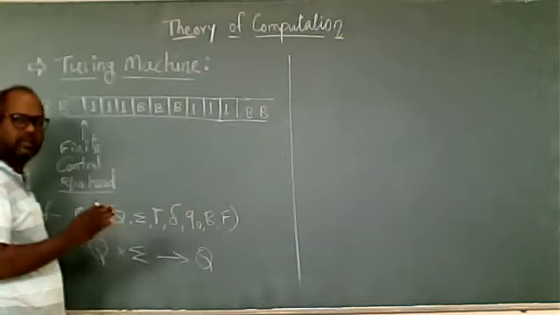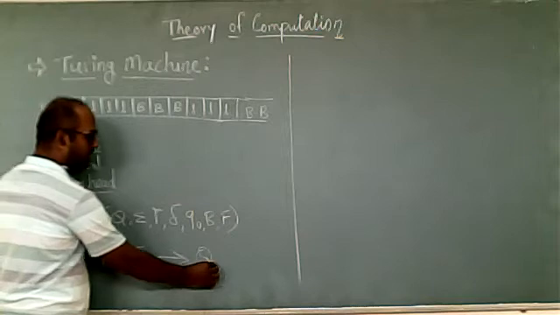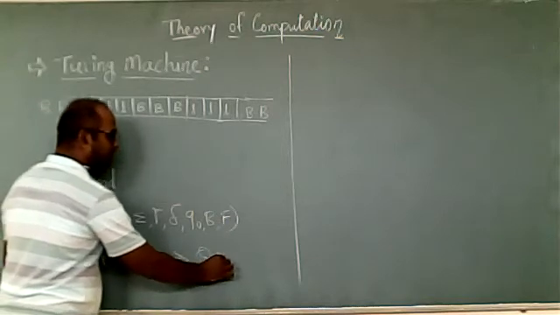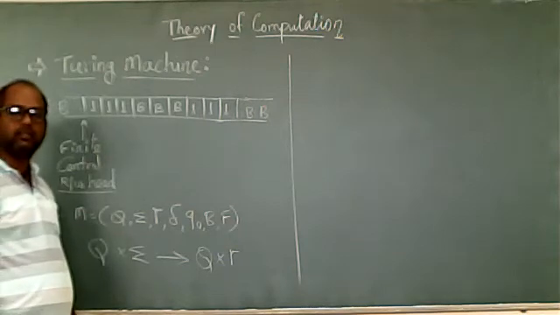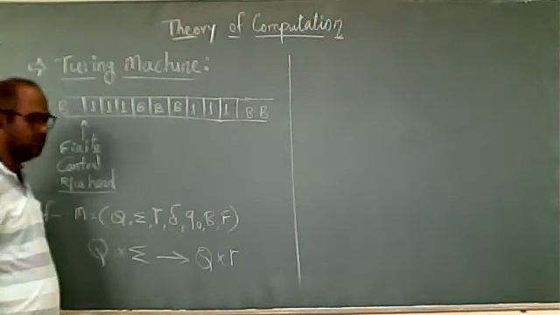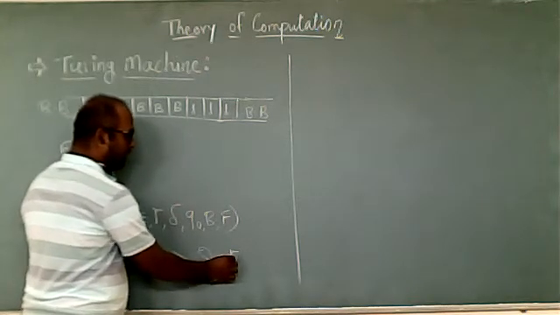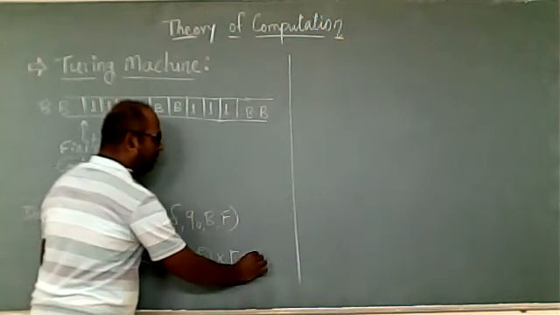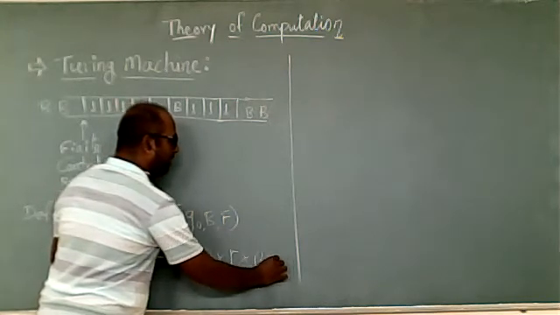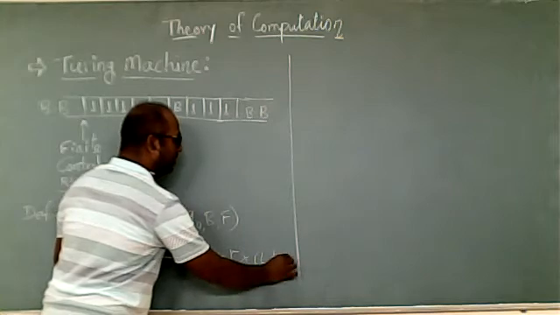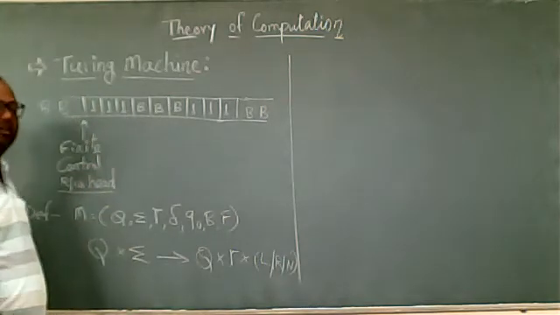It may stay in the same state or it may go to the next state. So it gets a state Q, a tape symbol, and the movement, that is left, right, or no movement, the head movement where it will move.